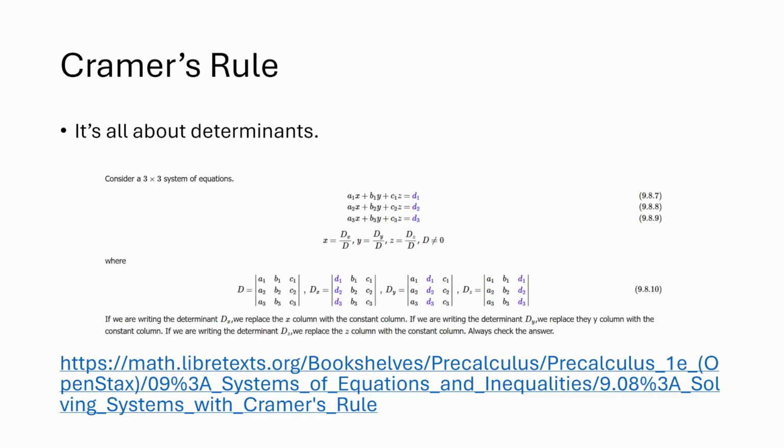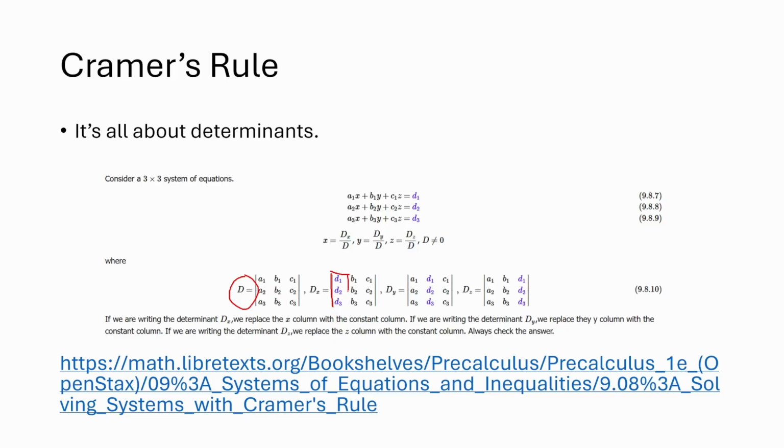But the way the algorithm works, the way you do Cramer's rule, is you set up your system of equations, you write your coefficient matrix. That is the big D here. This is our coefficient matrix. And then for each variable that you want to find the value of, you create these substitution matrices that are like the coefficient matrix, but you replace the column corresponding to the variable you want to know.